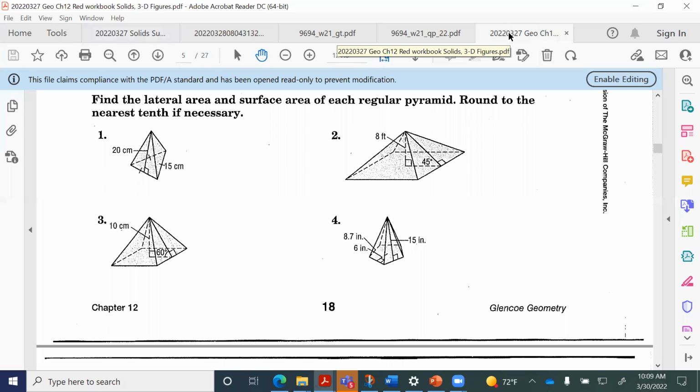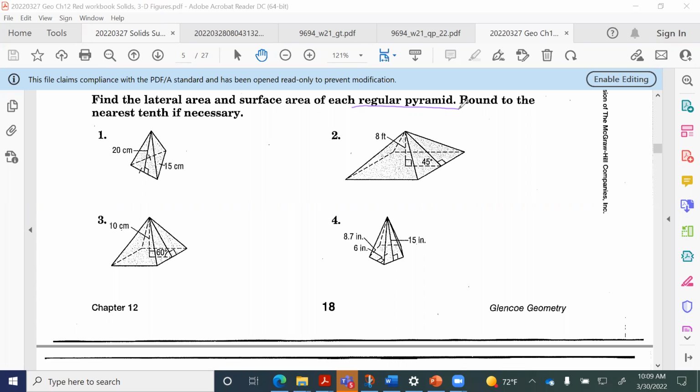So on number 1, now one thing that's important here, up here in the little information, it says that each one of these is a regular pyramid. What does that mean? What do you think that means? Okay, so it does have something to do with all sides are equal.